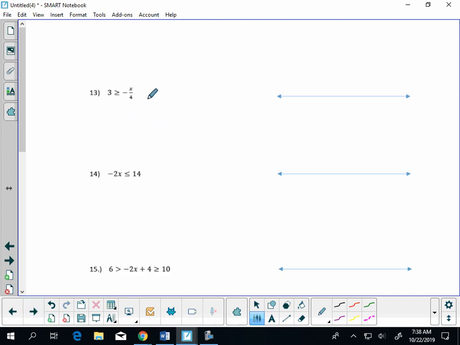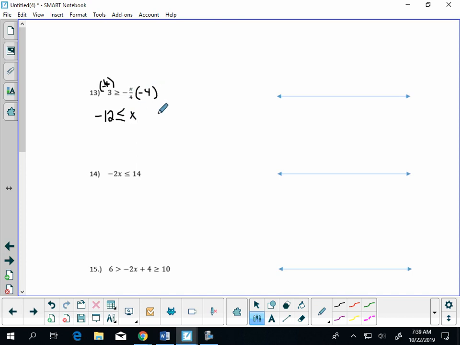On number 13, I'm going to think of that negative sign down with the 4, so I'm going to multiply both sides by negative 4. And that's going to give me negative 12. And again, flip the direction of the sign.